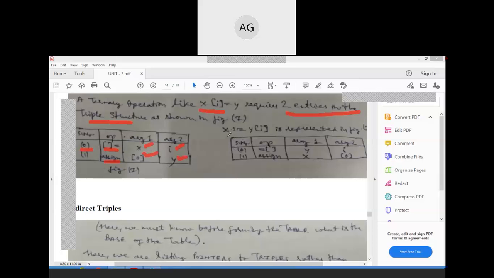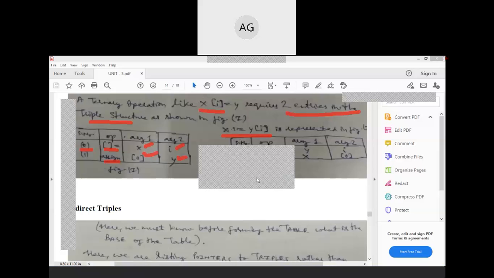In the same way we can also store the value of x equal to y indexed I in this type of table. So just remember that in the first case we have x indexed I on the left hand side, and in this case we have y indexed I on the right hand side. So some changes are there in the table, and you need to remember that. Only 5 minutes are remaining.